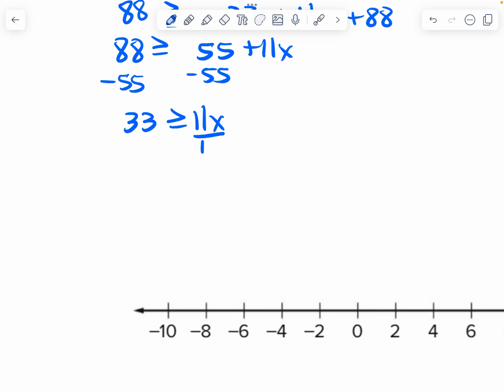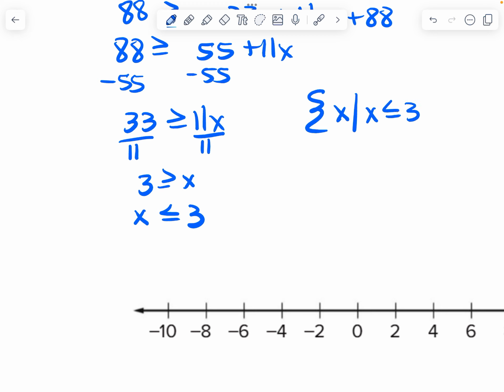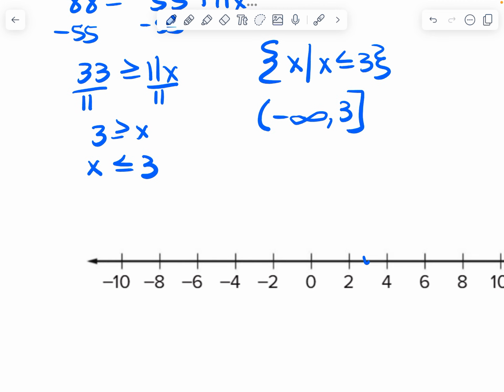I divide by 11. 3 is greater than or equal to x. I don't like it that direction. Set builder: the numbers are less than 3, so it includes 3. So I come to 3, which is about here. And it's all the numbers less than, so I draw an arrow.